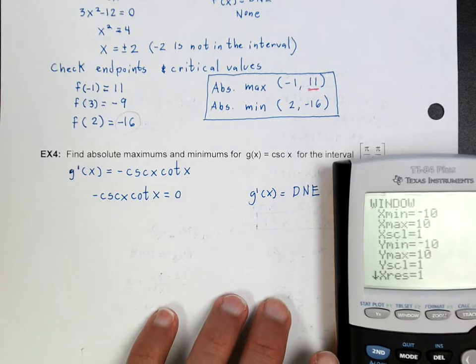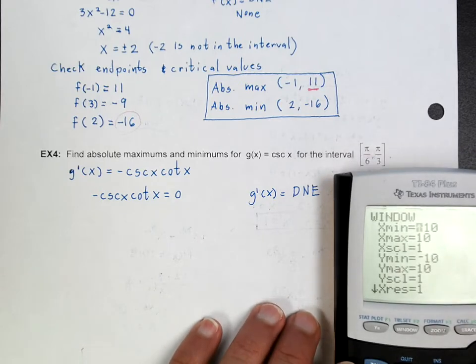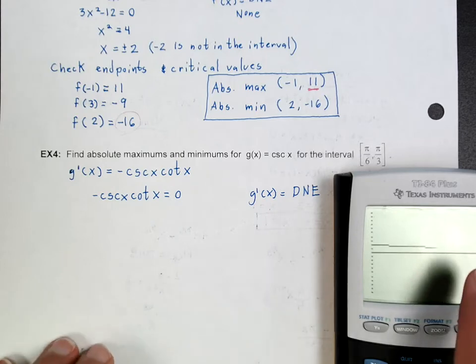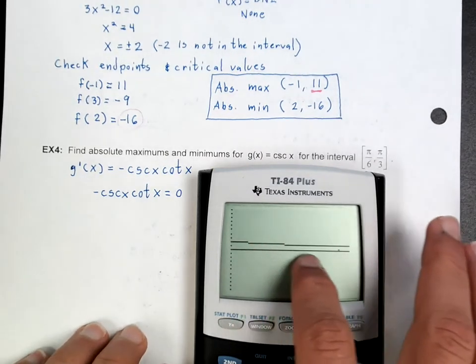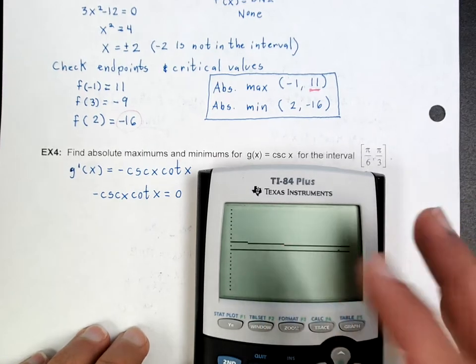I'm going to change my window to pi over 6 minimum and pi over 3 for the maximum. That will at least help me on the window. Now what I'm really looking for, and this might not be the greatest of graphs, is to see if there is either a maximum or minimum that you can see here. I really can't tell if there is one. This is really hard to tell.